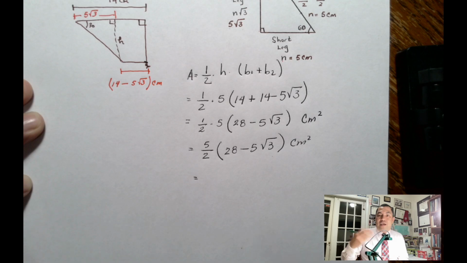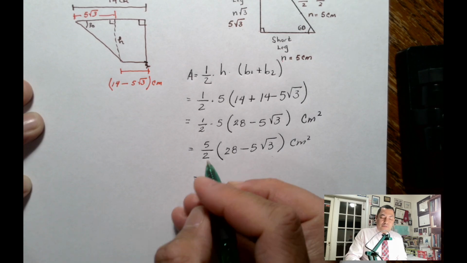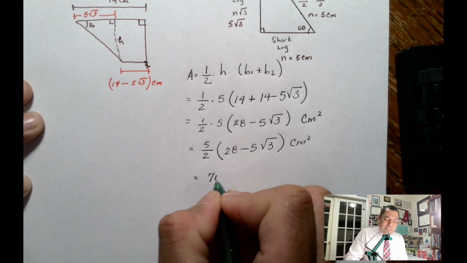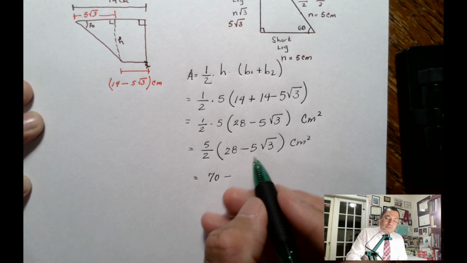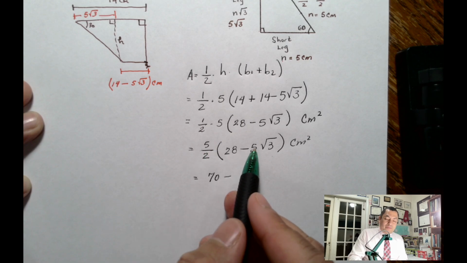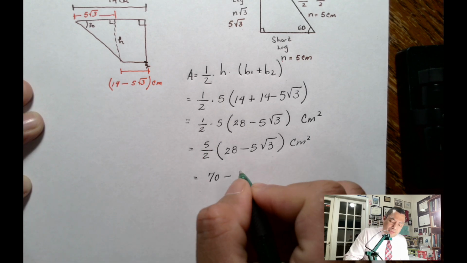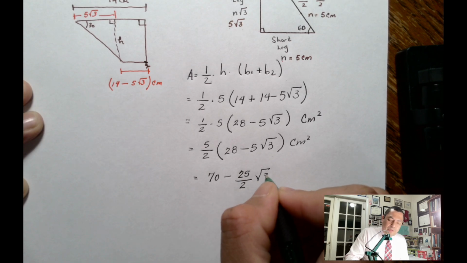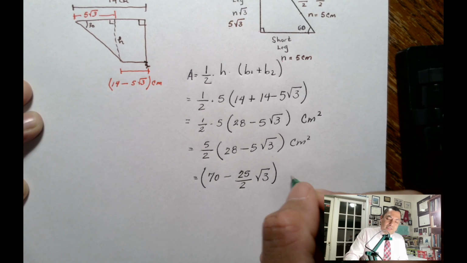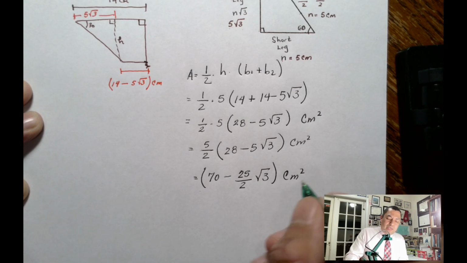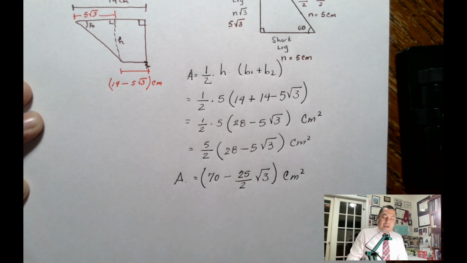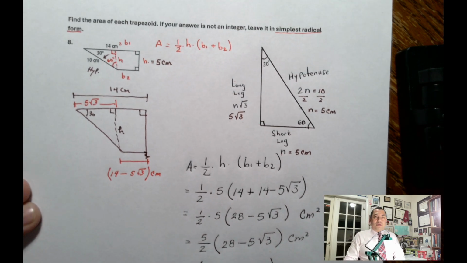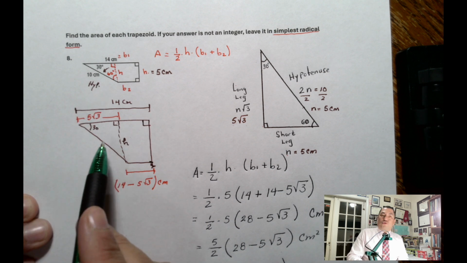That one you can do with the calculator. 5/2 times 28 is 70, minus 5 times 5 is 25. So this will be 25/2 square root of 3. And the units are centimeters squared. And this is the area of this trapezoid.